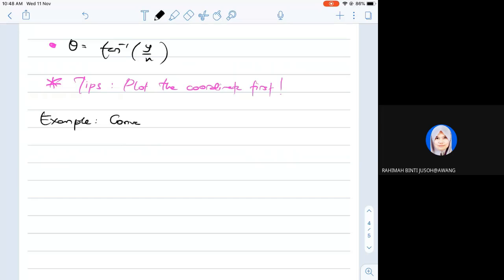Okay, for example, convert the following coordinates to polar coordinates. The following rectangular.